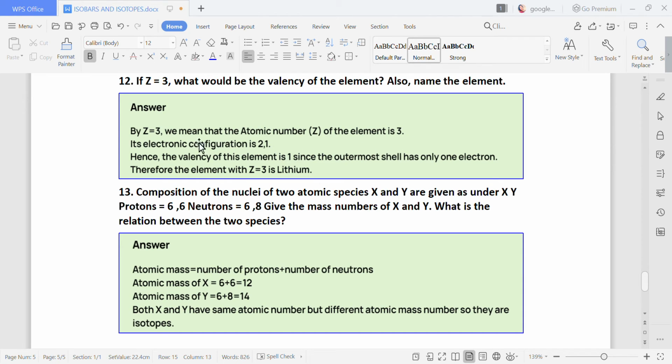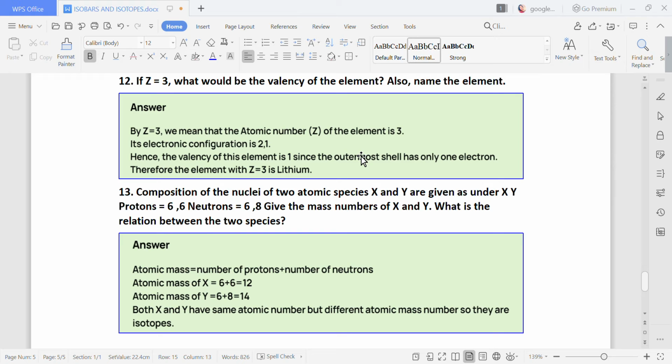Now if we write down the electronic configuration, we get 2, 1, that is 2 electrons in the K shell and 1 electron in the L shell. So what will be the valency of this element? The valency will also be 1. As I told you, if in the outermost shell there is 1 electron, then the valency is 1.